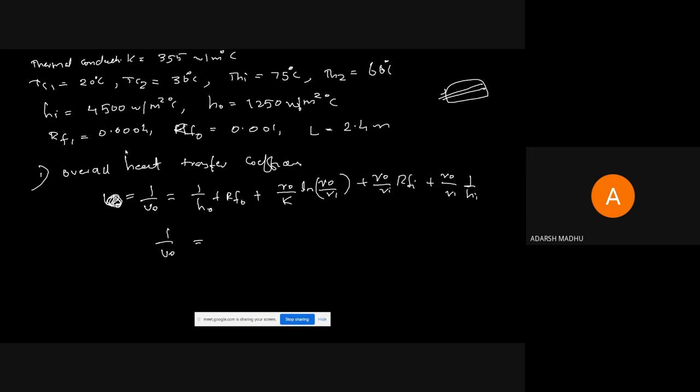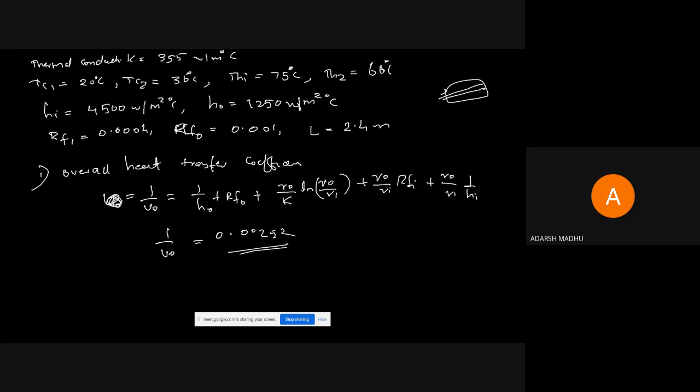1 by Uo. After putting the values, you will get 1 by Uo equals 0.00252, after the whole calculation.